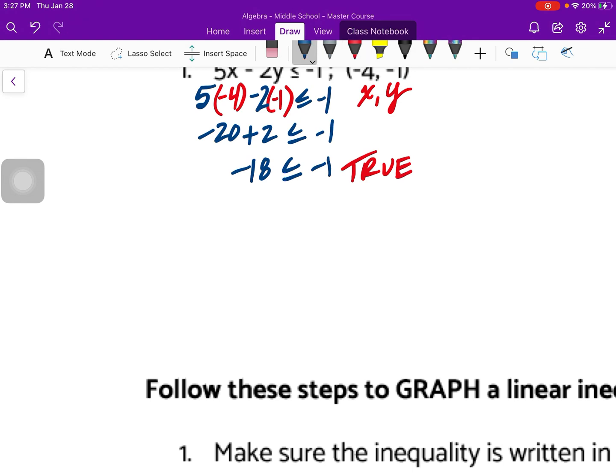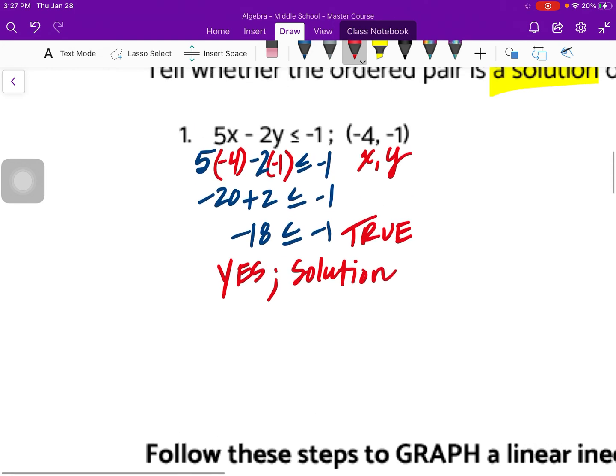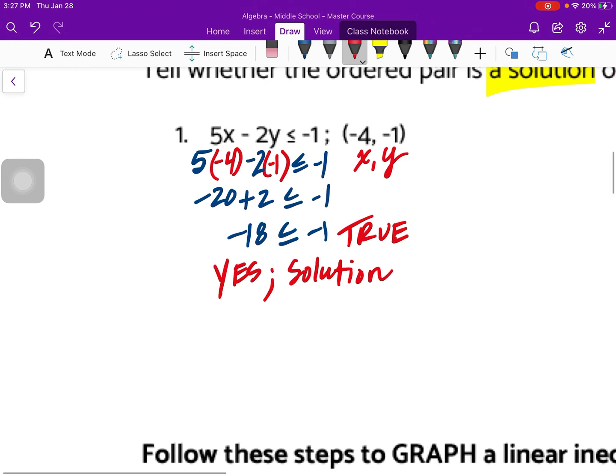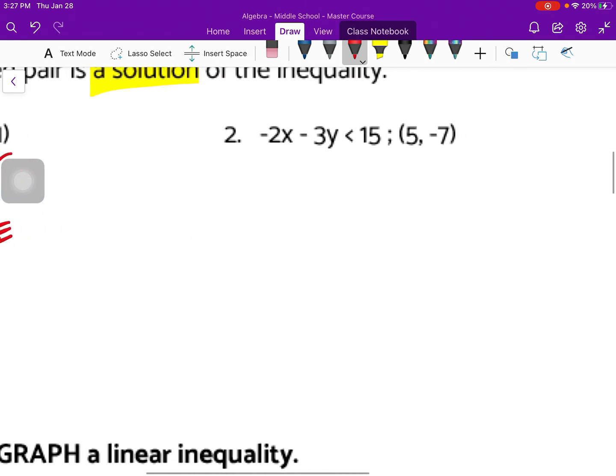Therefore, I would say yes, or it is a solution, however you want to say that. So yes, solution. Okay, so that means -4, -1 is a solution to this inequality. But again, just remember that is one possible solution. There are really an infinite number of solutions that may end up satisfying that particular inequality.